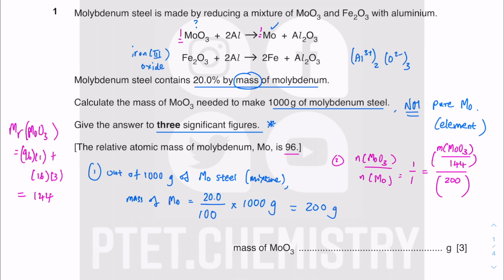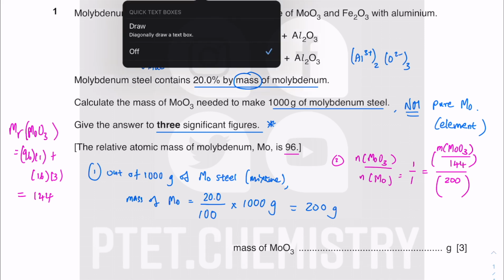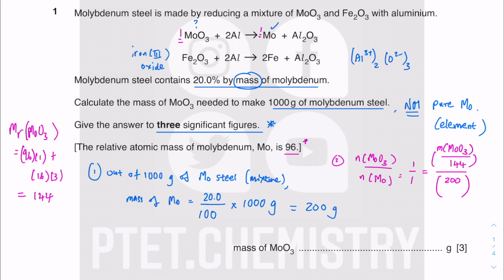These are in gram, so mass in gram divided by the relative atomic mass of the molybdenum, 96. Since it's 1 and 1, I can just bring up my equation. So 200 over 96 times 144 is equal to the mass of the MoO3.